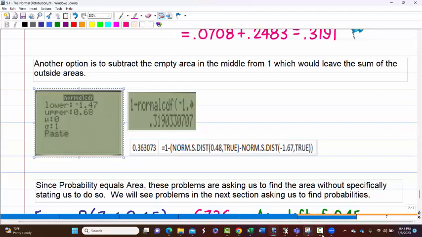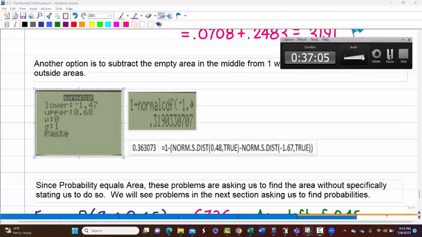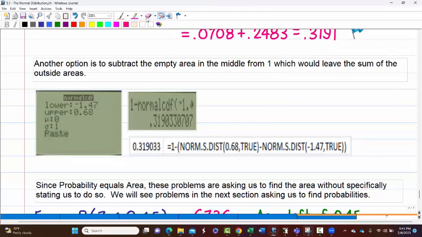And I had mistyped negative 1.47 as negative 1.67, so I just paused the video and corrected that real quick. So now we're okay. My logic was right, but I just had a number typed in there improperly. So you see it matches the calculator answer, matches the chart answer. So there we go.